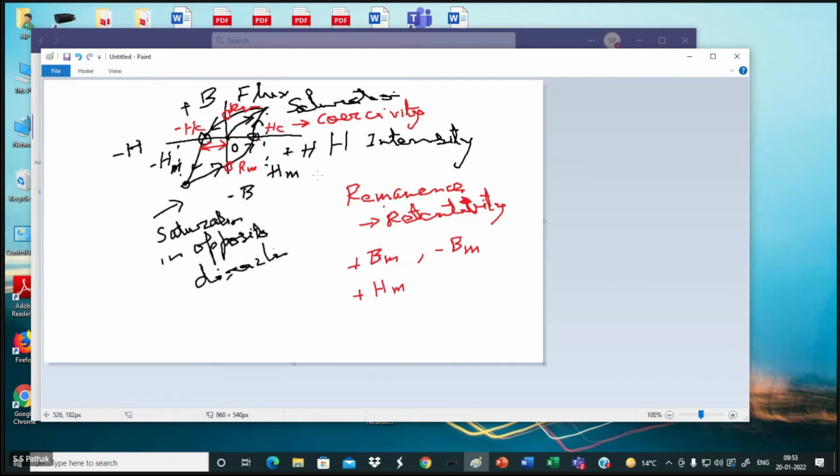There is your minus Hm. Then there is plus Hc, coercivity I'm talking about, and minus Hc, of course. So these are the points of importance.